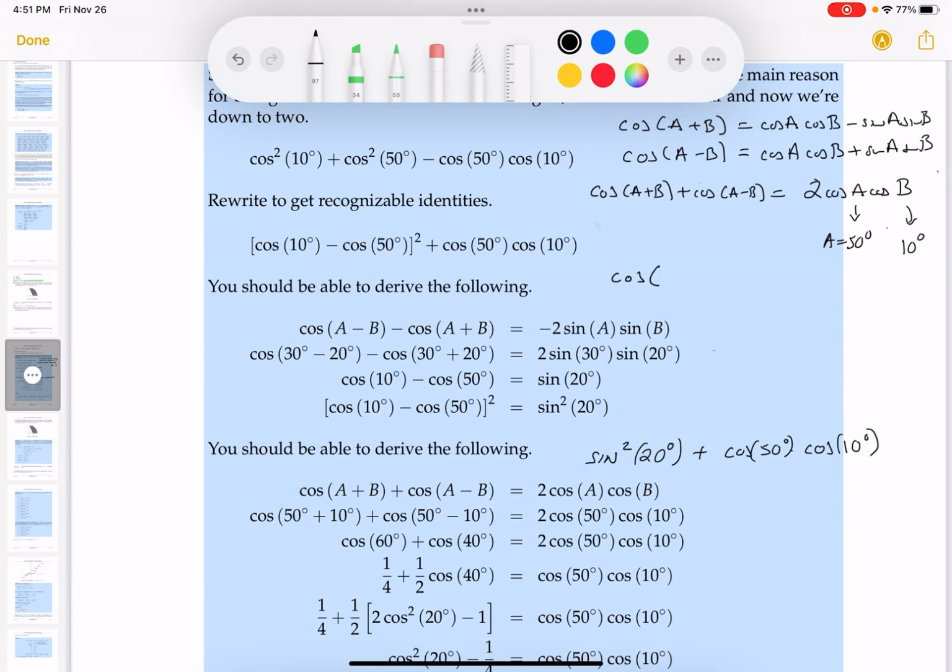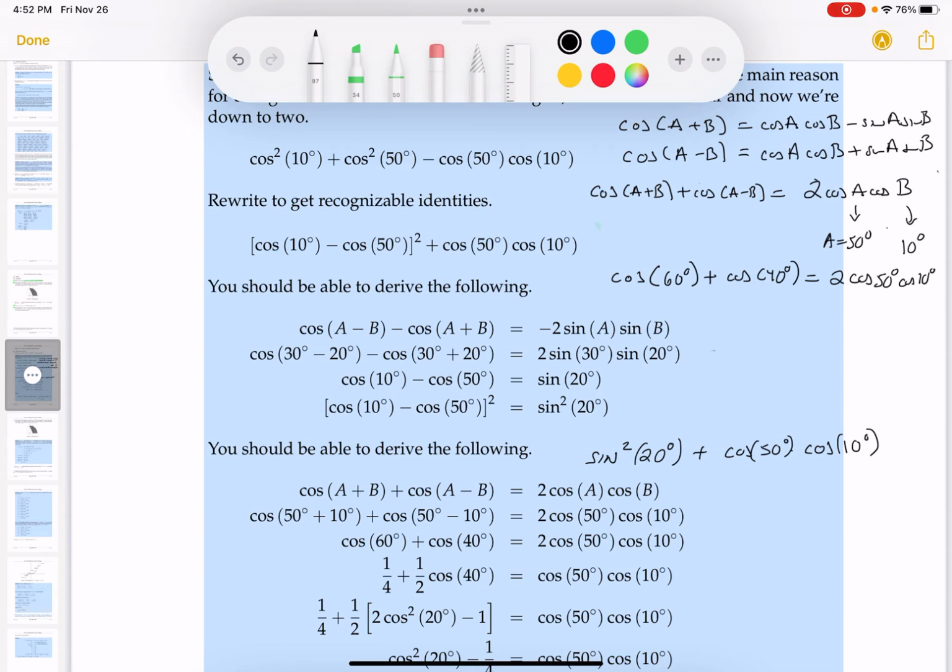Cosine A plus B would be 60 degrees plus, well, you're going to get 50 minus 10, so cosine 40 degrees. It's tough, right? Is the same thing as 2 cosine 50 degrees cosine 10 degrees. All right, let's take a look. What's a cosine of 60 degrees?